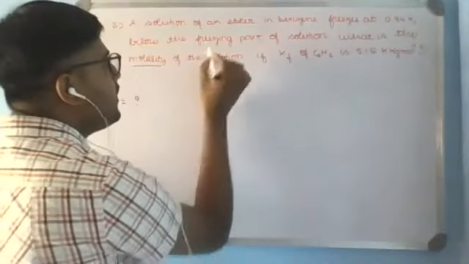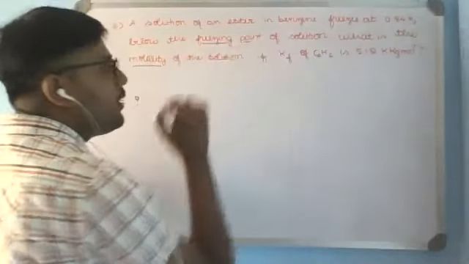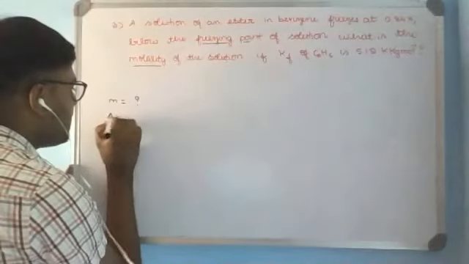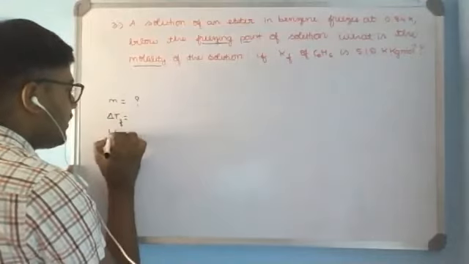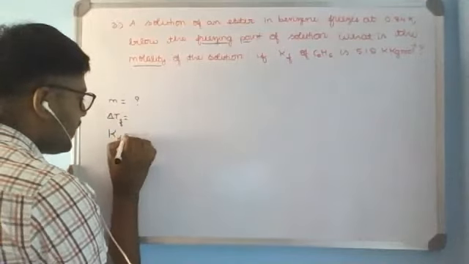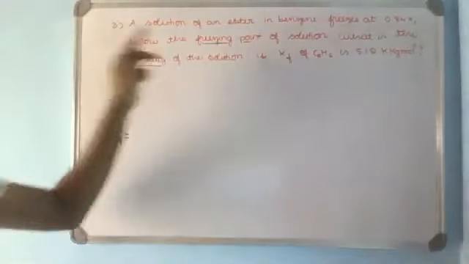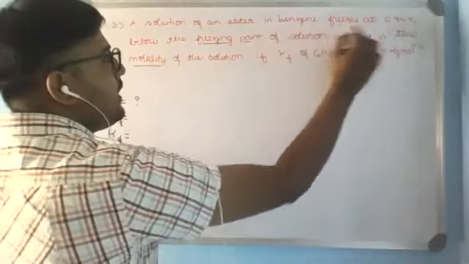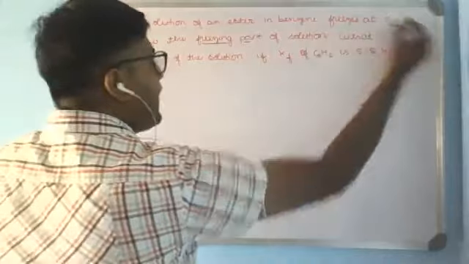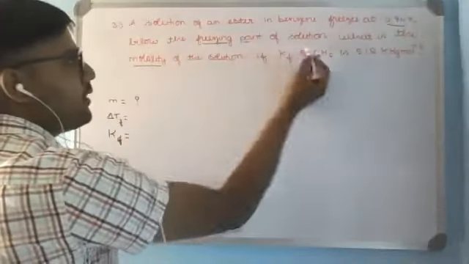Now, from the given observation of the problem, it is related to the freezing point. That is delta TF, depression in freezing point, which can be recalled to relate with molality. If you carefully observe the question, a solution of an ester in benzene freezes at 0.84 Kelvin below the freezing point of the solution.